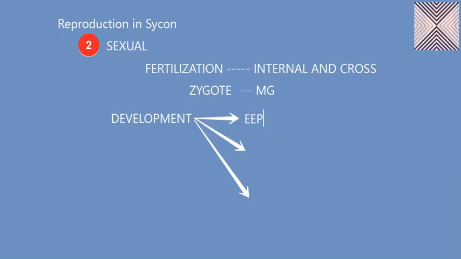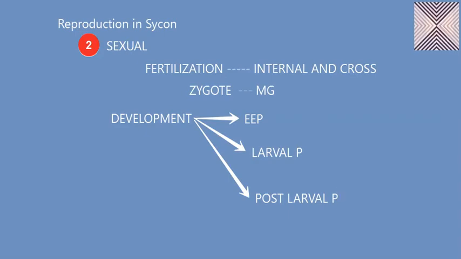The second period is known as the larval period, and the third period is called the post larval period. So these are the 3 periods in the development of the Sycon.